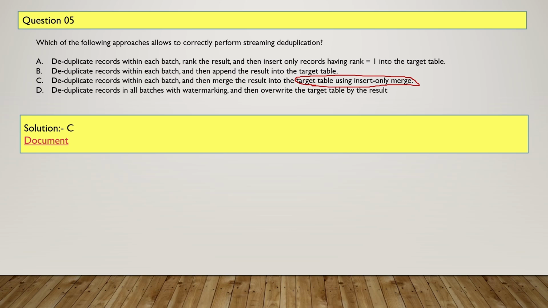Because streaming always performs inserts only. If we perform update or delete operations on the table, it will no longer be a streaming table. A streaming table only allows inserts. For deduplication, we can use the dropDuplicates function while reading the data from the source data frame, so it only fetches the distinct records from the source.